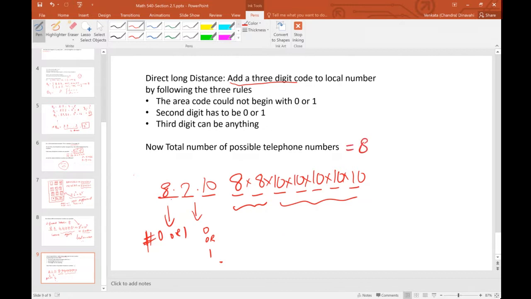So if you multiply these, that is going to be the total number of possible telephone numbers. That is 8 times 2 times 10 times 8 square times 10 power 5. If you use your calculator to multiply this, it is close to 1 billion.